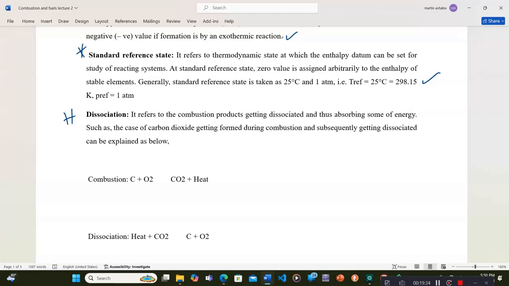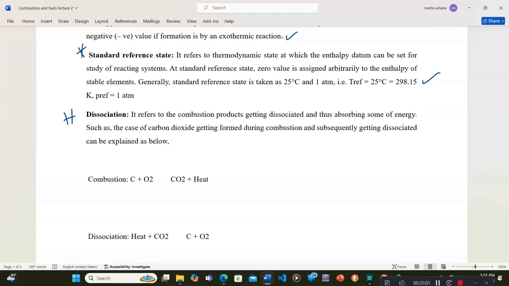For example, we may have carbon dioxide dissociating into carbon and oxygen. Of course, this shall happen with absorption of heat.